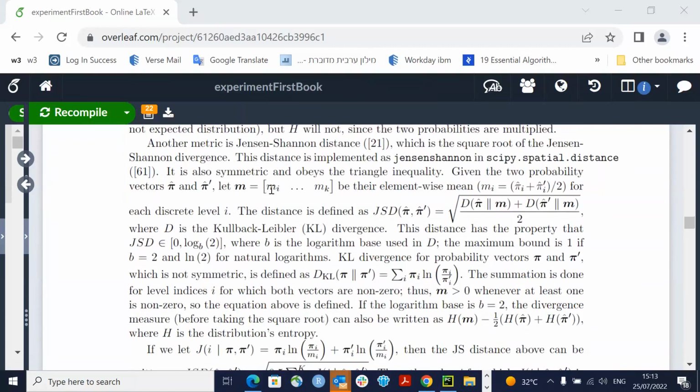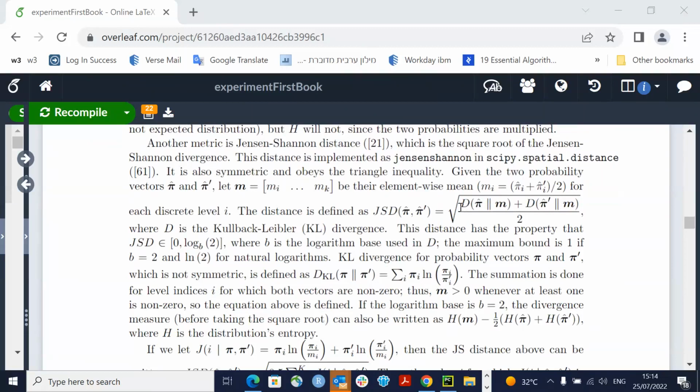This mean will be non-zero, and therefore basically what you do is you take the average of the Kullback-Leibler distances between each of the vectors and their mean. So this is the distance between the observed and the mean, and this is between the baseline and the mean. Actually, the first is the baseline, the second is the observed or production data, and their mean, and you take the average of them.